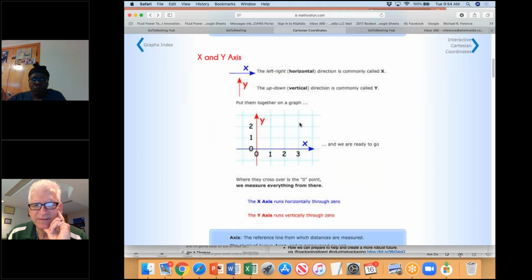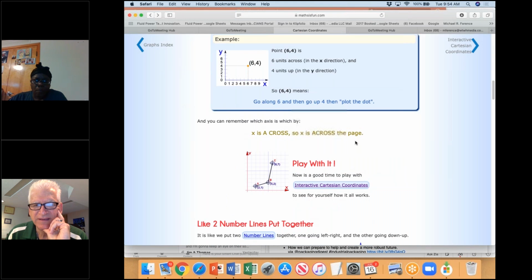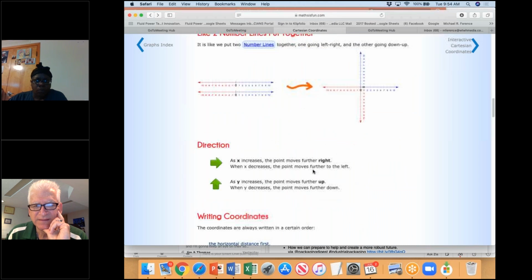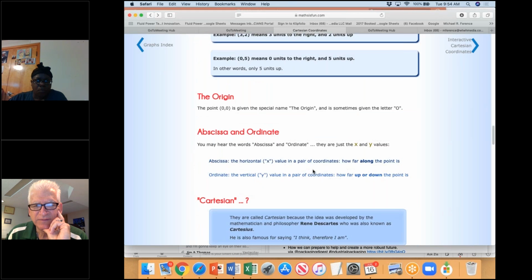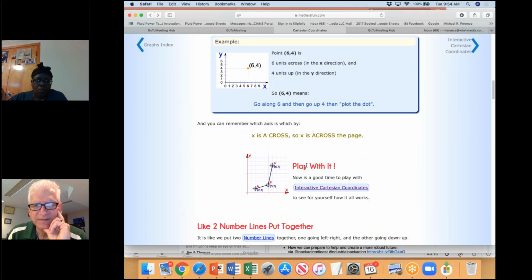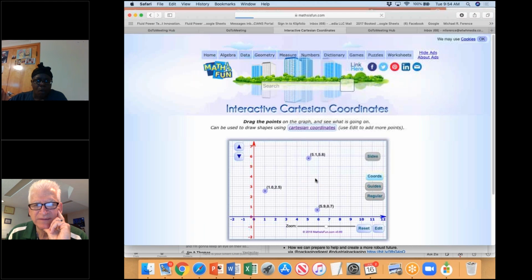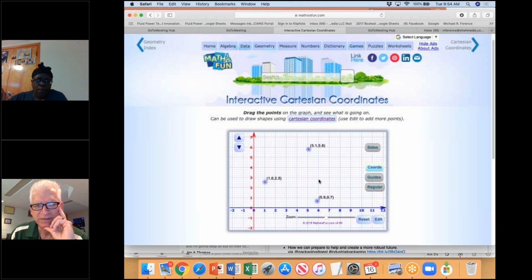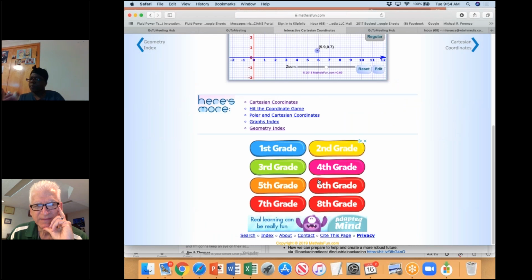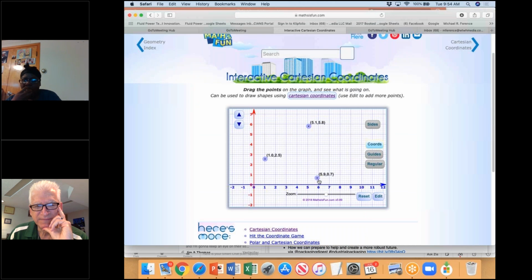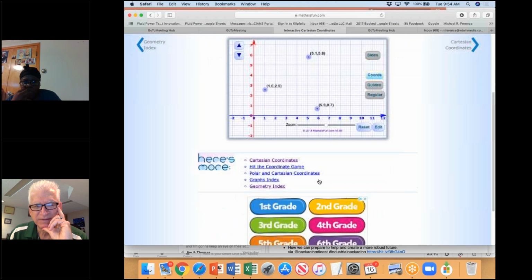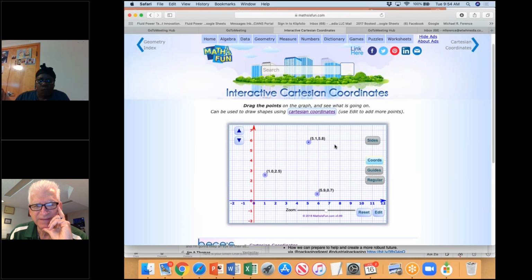The beautiful thing about this is that there's a game here called Play With It, and if you do that game, it allows you to enter at any level that you want. So for someone just starting out, you might want to go with a lower level, plug that in, and then when you get proficient with it, move on.